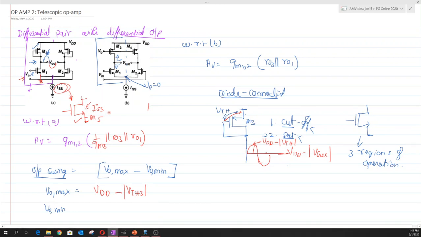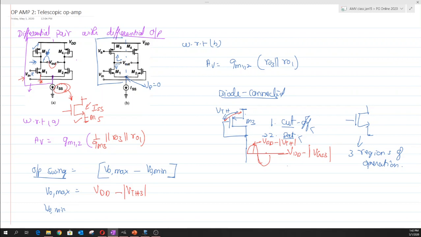So in short, whether ISS is realized as a simple current mirror, with a single transistor, or with some cascode configuration, they generally need some drop across them to ensure that these structures are operated in the saturation regime.